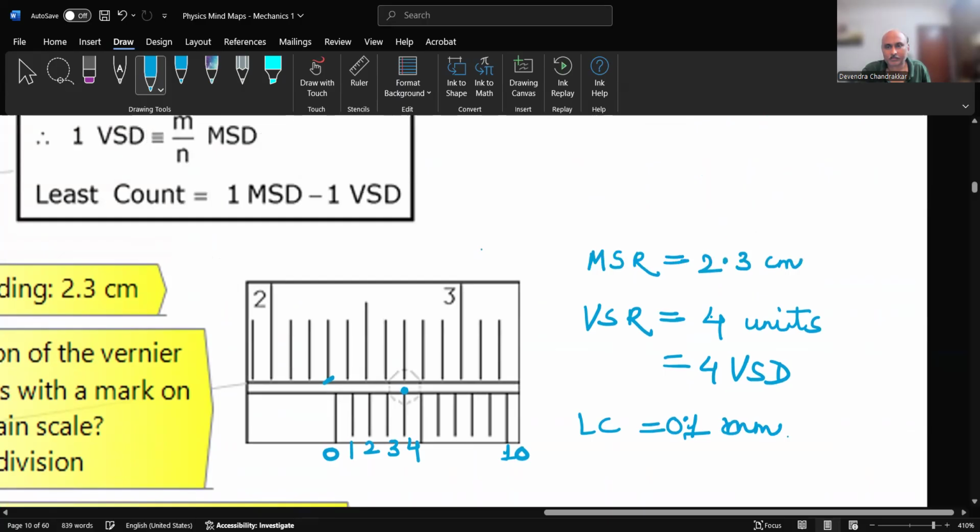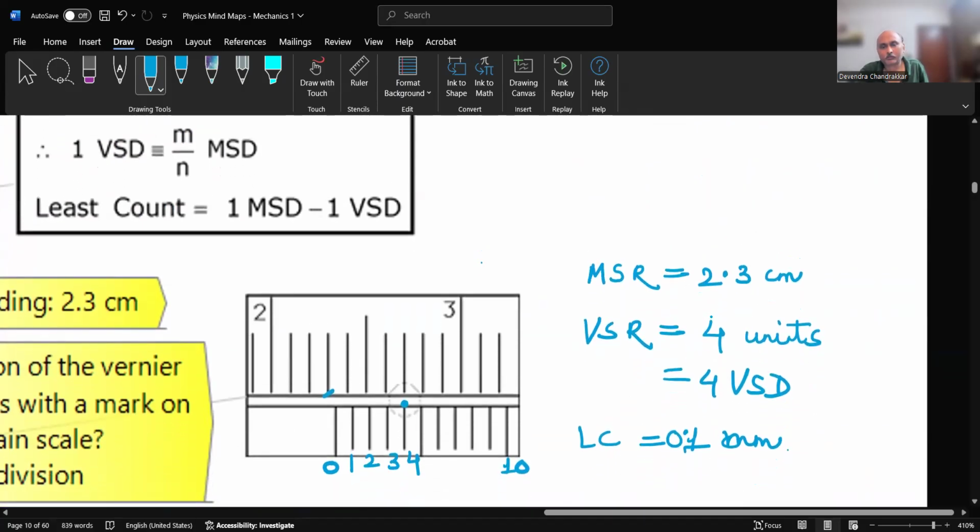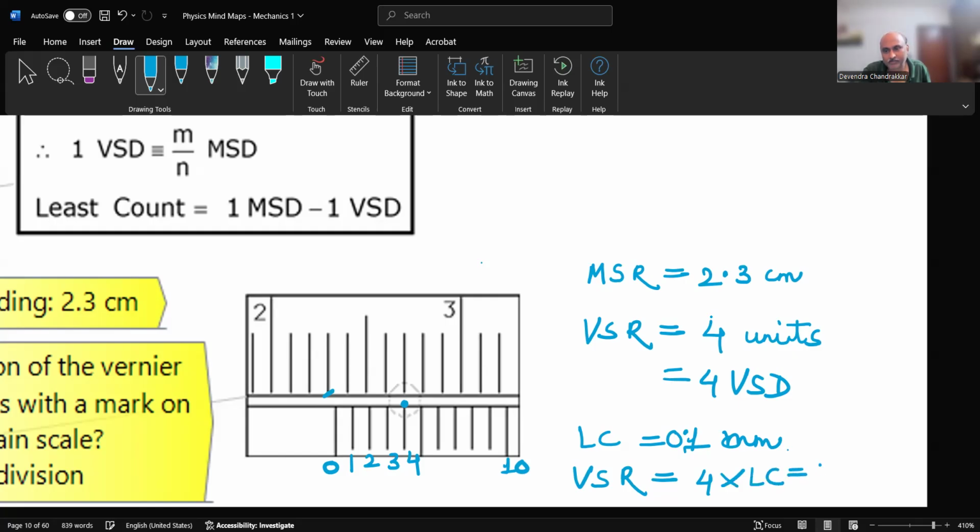This is the least count. So the vernier scale reading in millimeters is 4, that is the vernier scale reading, multiplied by the least count. What is that? 0.4 millimeters.